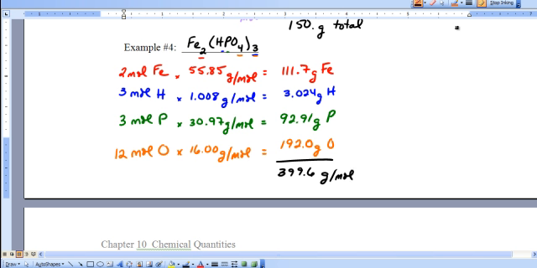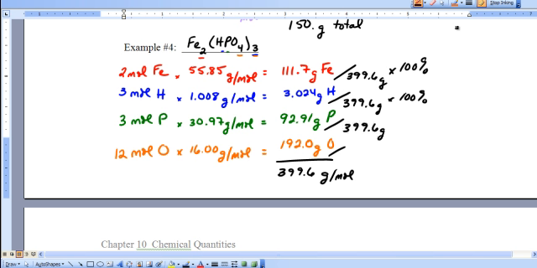So therefore, the percentages are simply going to be the individual parts all divided by 399.6 times 100%. Alright, so when you do that calculation, you should get a percentage of iron that is 28.0% iron.